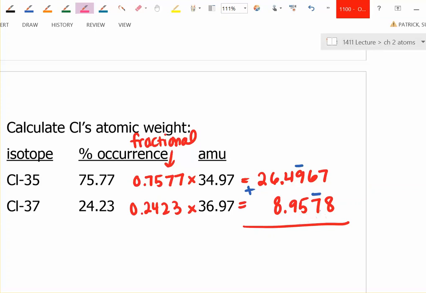This bottom one goes 3 past the decimal. So my answer can only go 2 past the decimal. So in other words, the atomic weight is 35.45 AMU.